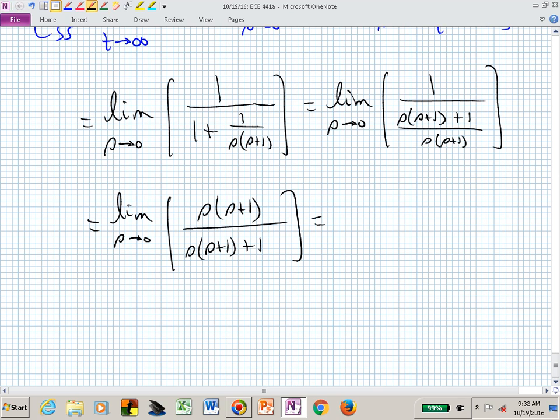Do we get 0 over 0? No, we don't get something indeterminate. What happens in our denominator? We have 0 plus 1, so that's well behaved. Our denominator is well behaved as s goes to 0. That's a good thing. What happens in the numerator? It goes to 0. So now we have 0 over 1, and our steady state error is 0.